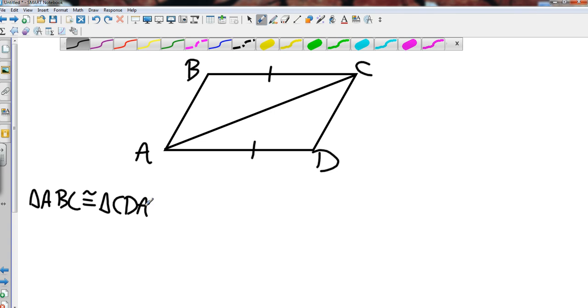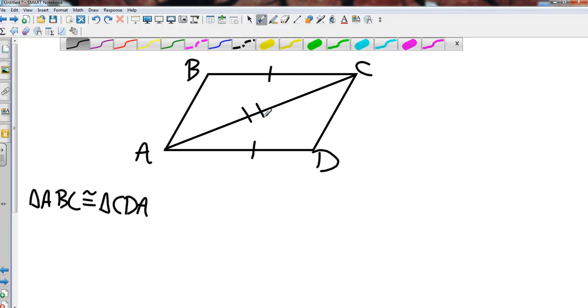Can I find another side right away? What's another side I can find right away without knowing anything about anything? That's a side. ABCD is not a side. Sides are just two letters. AC. Because they both share AC, and it's the exact same thing. AC is congruent to AC. What property is that? Reflexive property. Okay?